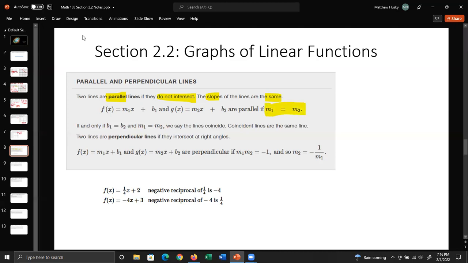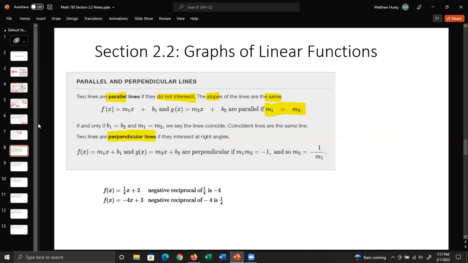They're never going to meet each other. So slope number 1, m1, will be equal to slope number 2, m2. If the intercepts happen to be the same, the lines are actually going to be the exact same line, which is different than being parallel. But so long as they have different y-intercepts, if the slopes are the same, those lines are going to be parallel.